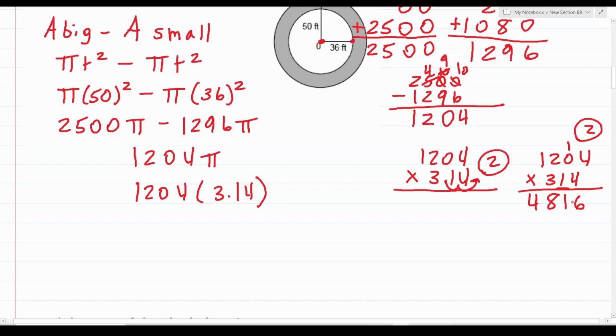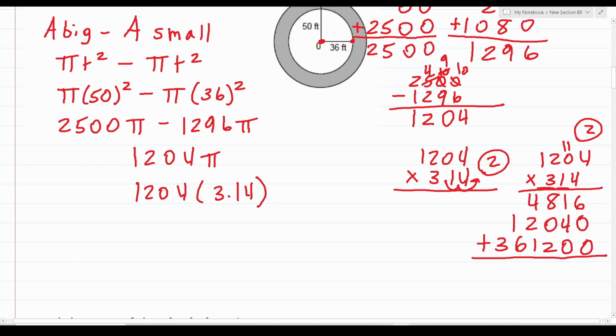Before we start multiplication with this 1, we have to bring in a 0 placeholder. 1 times 4 is 4. 1 times 0 is 0. 1 times 2 is 2. 1 times 1 is 1. Before we start multiplication with this 3, we have to bring in 2 0 placeholders. 3 times 4 is 12, so carry a 1. 3 times 0 is 0, plus 1 is 1. 3 times 2 is 6, and 3 times 1 is 3.